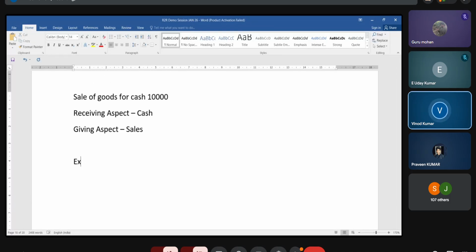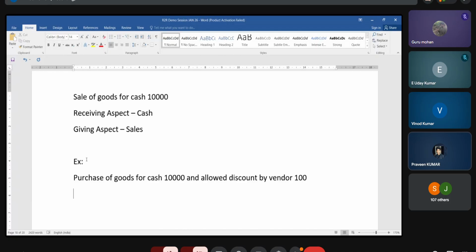Okay. So the next example, see, purchase of goods for cash 10,000 and allowed discount by vendor 100 rupees. So how many aspects are in this transaction? Three.